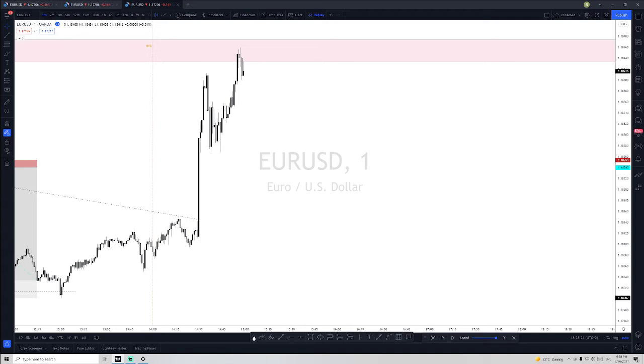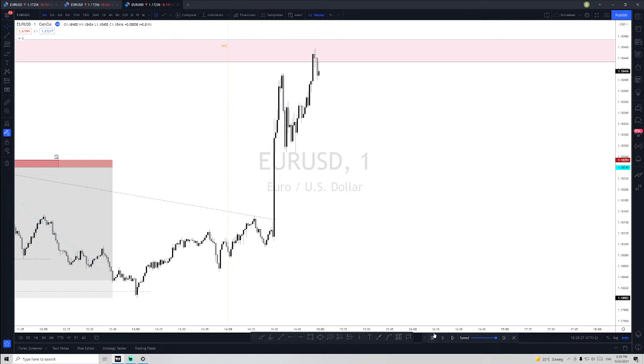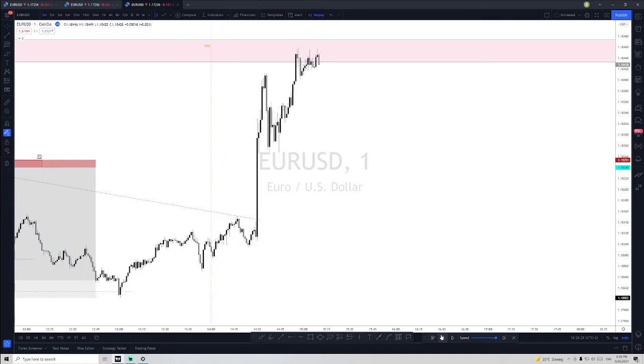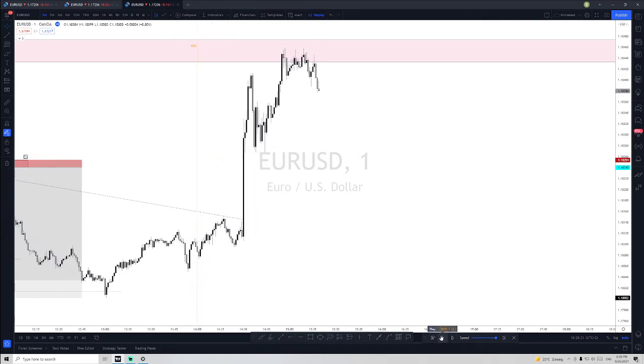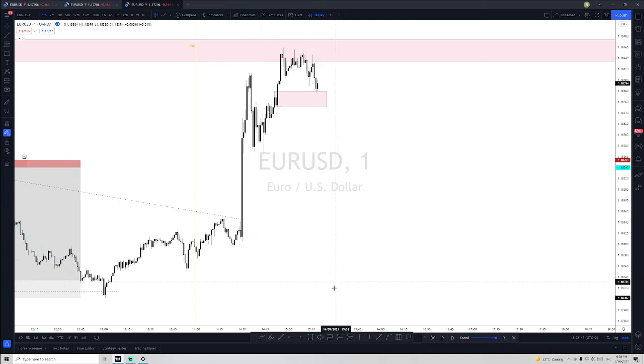So, looking at the structure points, good reaction. Some people might see this already as a BOS or break of structure, but I don't. For me, there's an area of demand in here, and the ultimate structure is over here. We also have some clear lows.